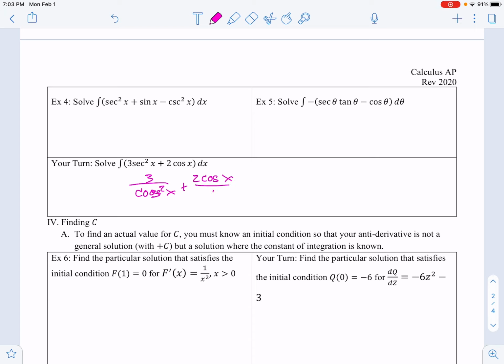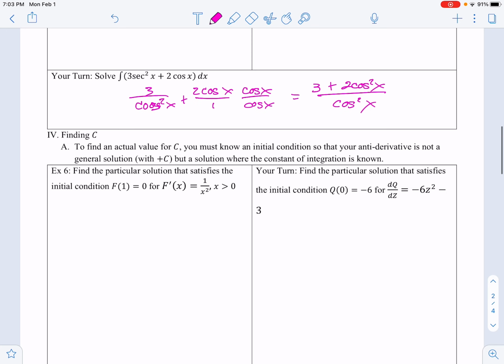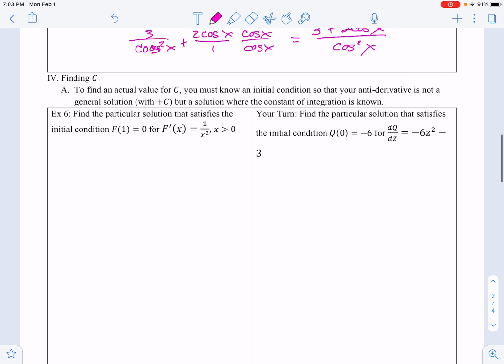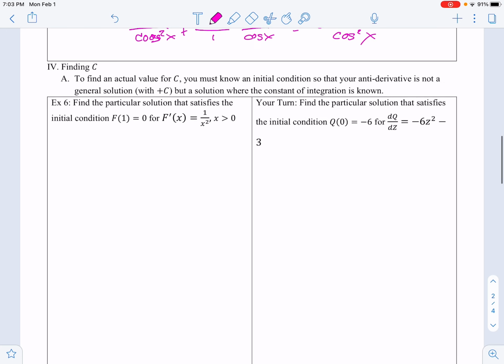And I got to multiply top and bottom by the cosine of x. So I get 3 plus 2 cosine squared x over cosine squared x. Is that helping me? No. All right. We'll come back to that. I don't want to do that right now tonight. You'll have to come to the Zoom and listen.